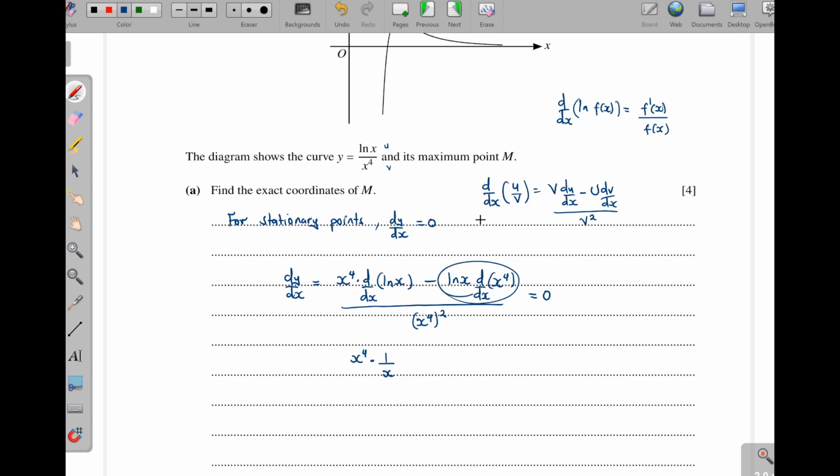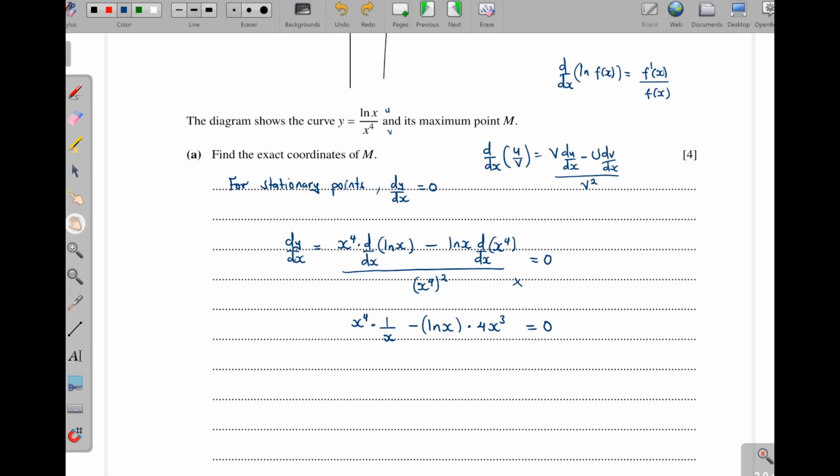Then here we shall get this natural log of x, then we multiply with, when you differentiate x to the power of 4, you get 4x to the power of 3. You see that? Then this one is going to be equal to 0. When we cross multiply, this one will just multiply with that 0. Is that clear? Now, this is x to the power of 3, then minus.